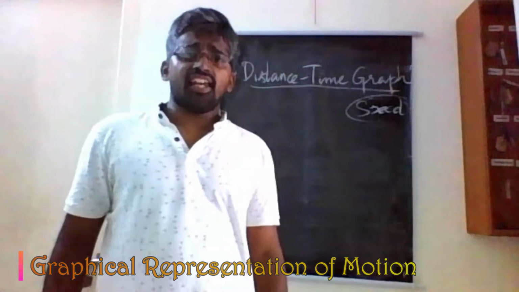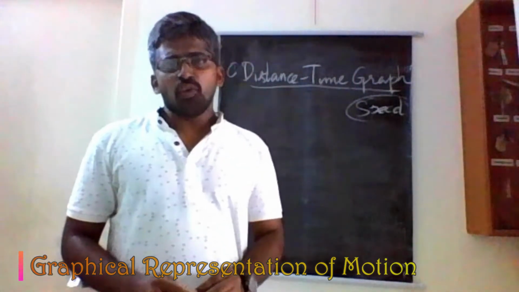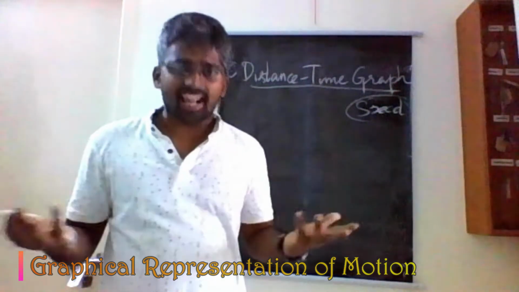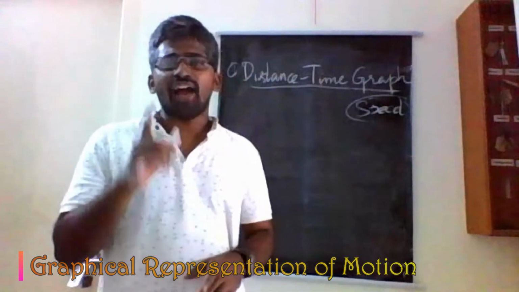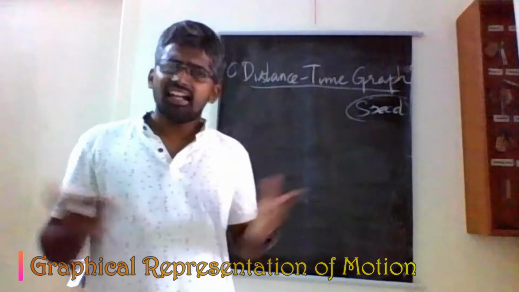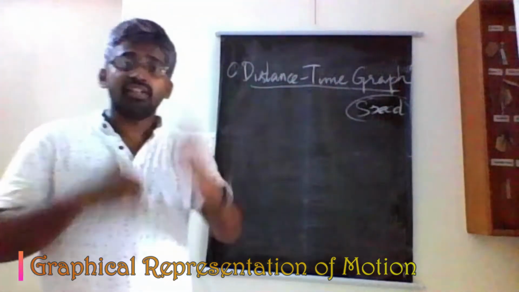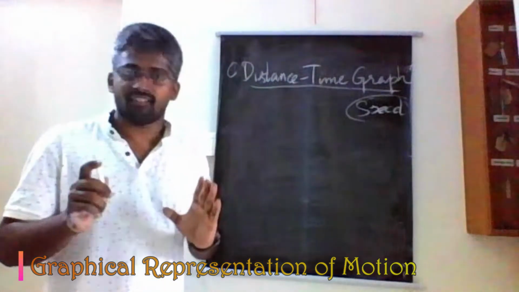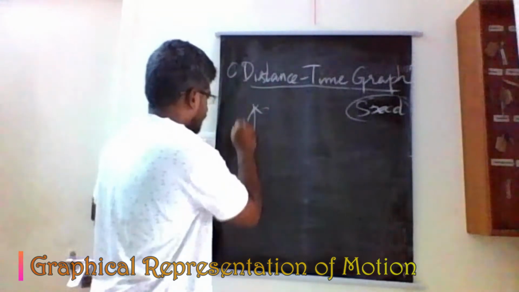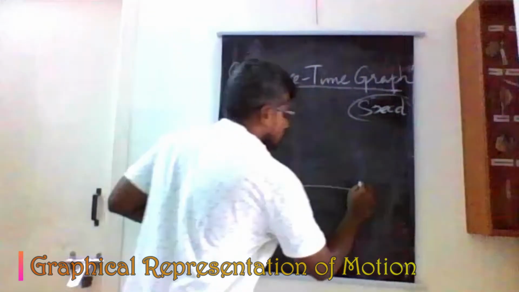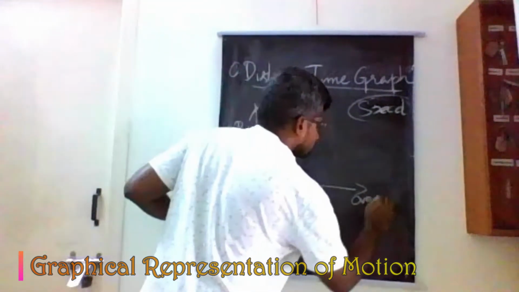If I say graph, you might be wondering what is a graph? How do I understand a graph? If you have the habit of watching cricket, it's very easy. In between the overs, they will project a run rate graph. This side is runs, this side is overs.